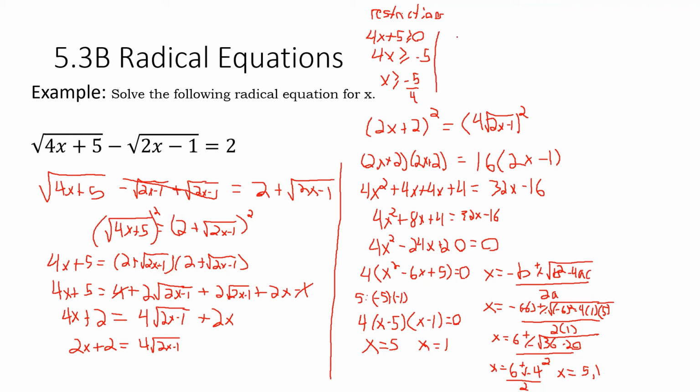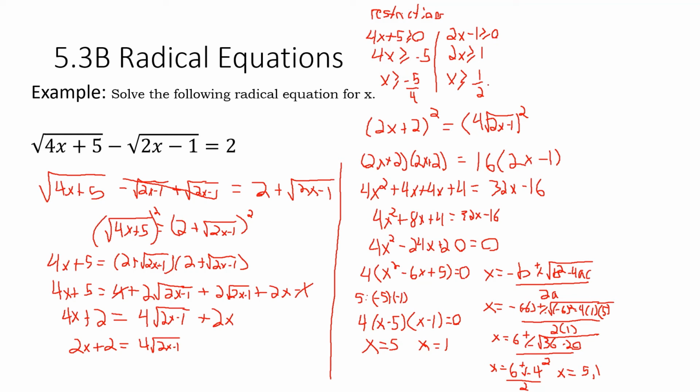Our other restriction is under here, so this 2x minus 1 must be greater than 0. Bring the 1 to the other side, so 2x must be greater than or equal to 1, and divide both sides by 2 to find that x must be greater than or equal to 1/2.